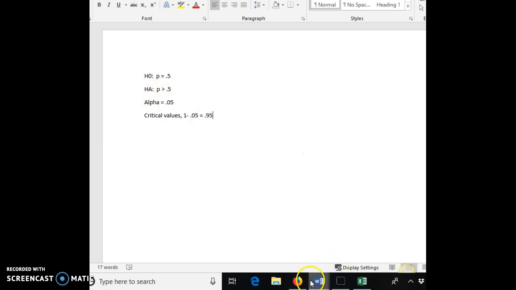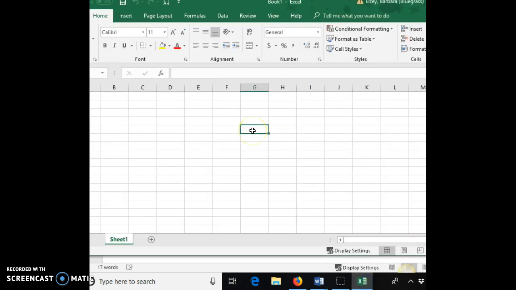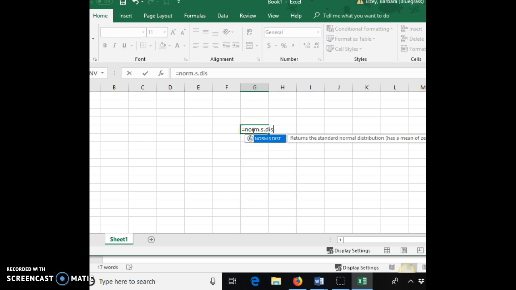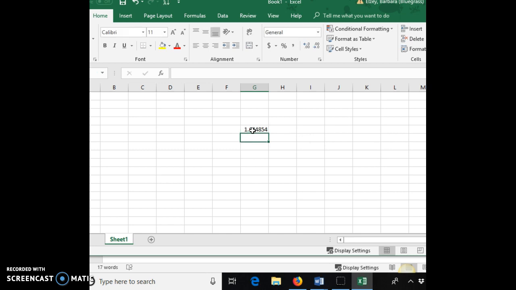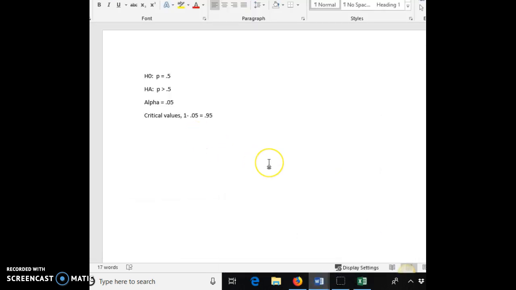So we're going to use our norm.s.inv, and we're going to look up 0.95. And we get 1.645. All right. So our critical value here is going to be that C is 1.645.